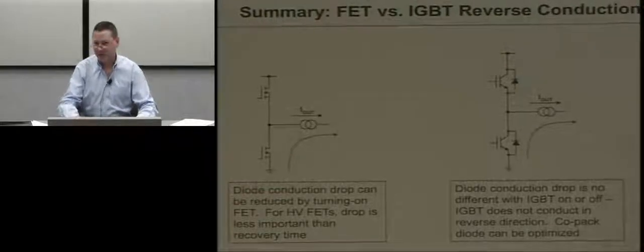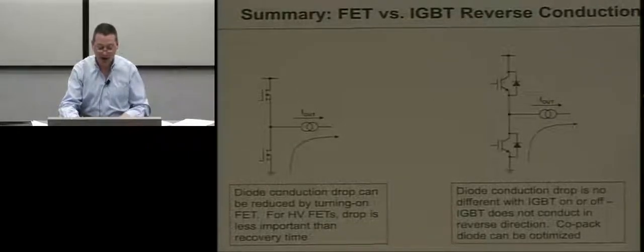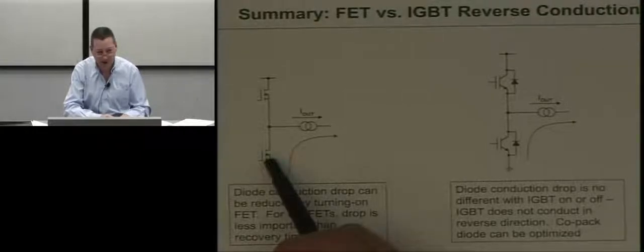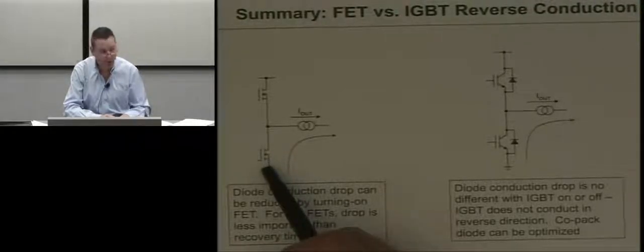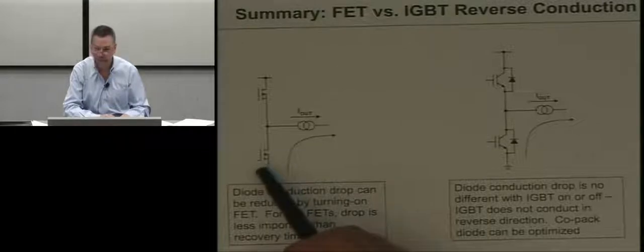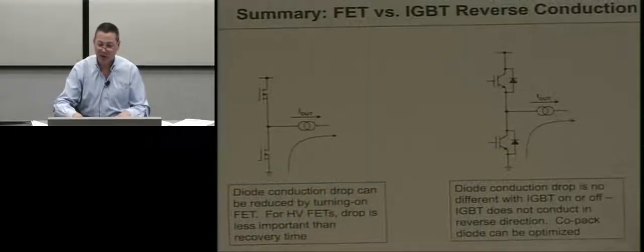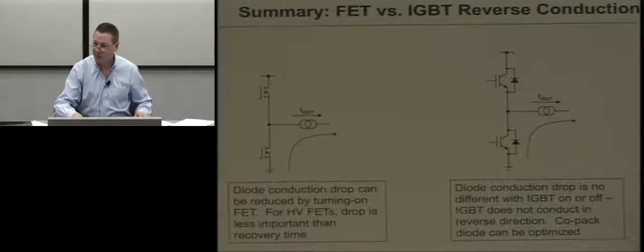And again, as a percentage of bus voltage, it's less of an issue, and it's just one of those things that if you could make a really good FET at 600 or 1200 volt, very low conductivity, and be able to conduct bidirectionally, that would be a very good device. So that's some of the things that look possible using silicon carbide or gallium nitride, future kind of devices.